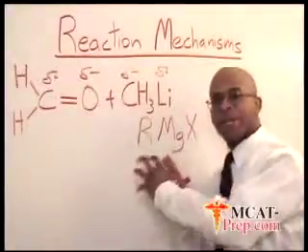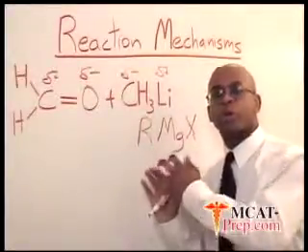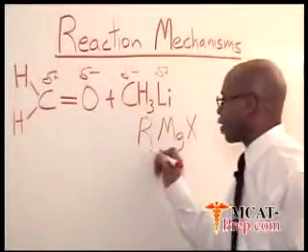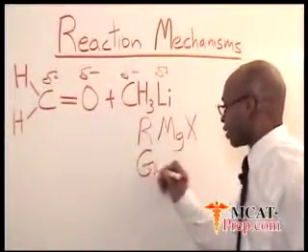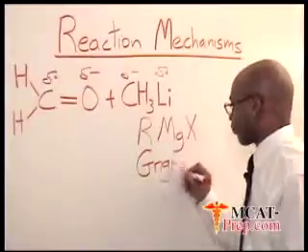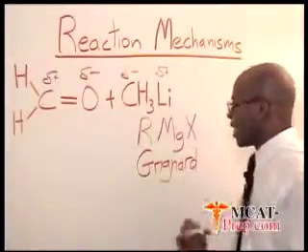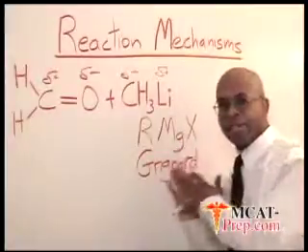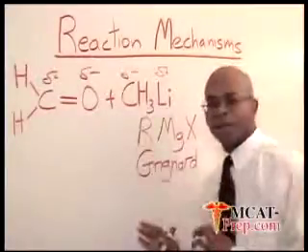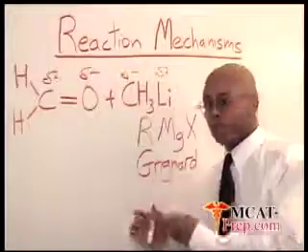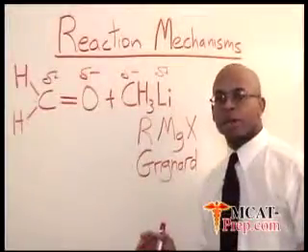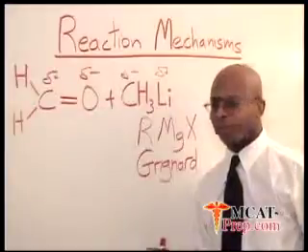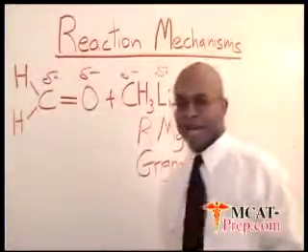This type of substance or reagent is called a Grignard reagent. And that is simply that we have a magnesium and a halide attached to some kind of alkyl group, and therefore it generates a delta negative carbon in the same way that this lithium generated a delta negative carbon here.